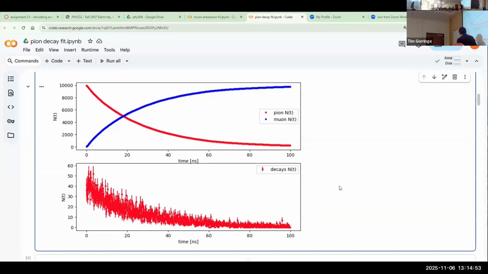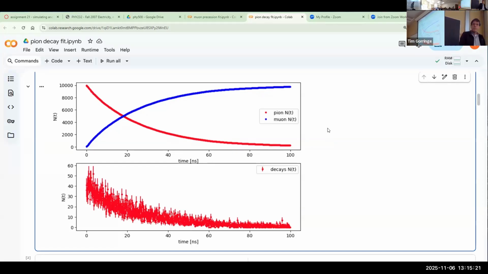So the square root of 49 is 7. That would be the scale of the error bar on these initial points here. And when you get out over on the far right, where you've just got handfuls of counts, the statistical errors on the data points are fractionally much larger. Anyway, so that's the simulation of the experiment of the decay data.